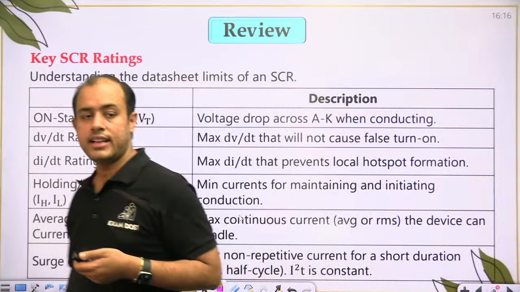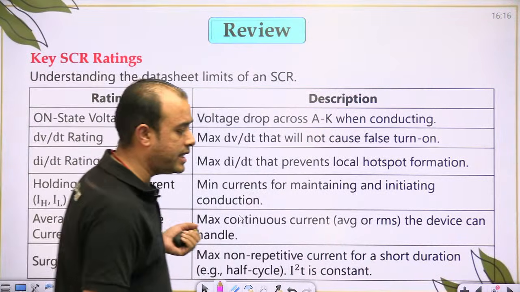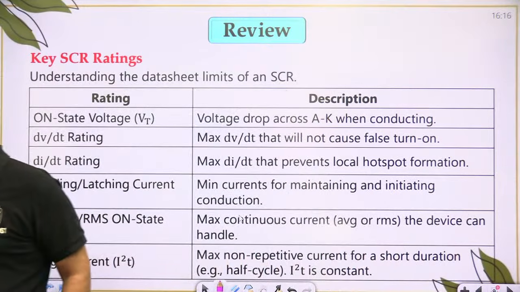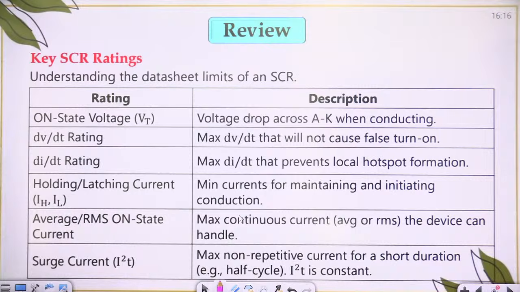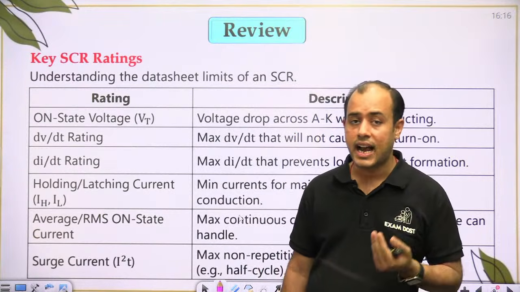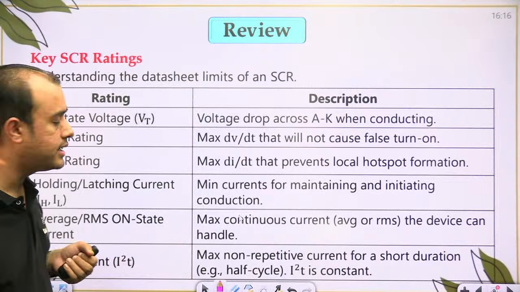Okay. SCR ratings. On-state voltage, which is the voltage drop across the SCR when it is conducting. dV/dt, the maximum dV/dt it can tolerate without triggering. di/dt rating, basically the maximum di/dt it can tolerate, because at high di/dt there is a chance of formation of a local hotspot which can thermally damage the device.